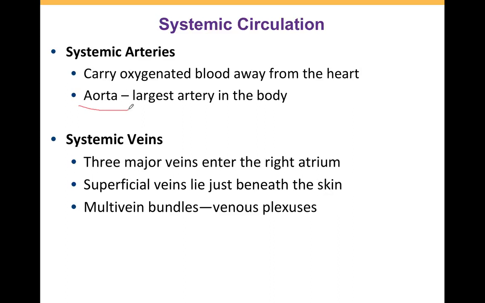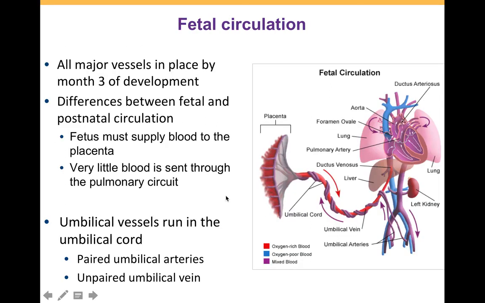Systemic veins return blood back to your heart, and the two main blood vessels are the superior and inferior vena cavas. You don't really need to know the superficial veins versus multi-vein bundles, which we refer to as venous plexus. Interesting information, but you don't really need to know that.